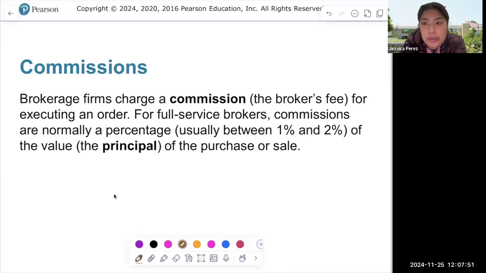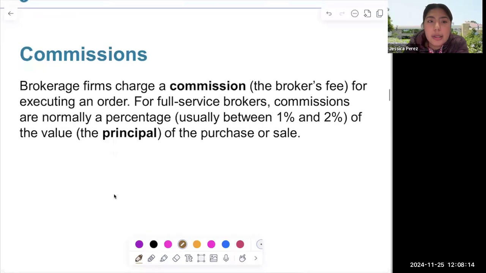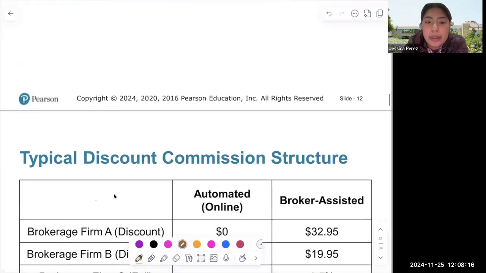For a full service broker, commissions are normally between 1% to 2% of the principal of the purchase or sale. So every time I sell or buy a stock, I should get between 1% or 2% of that amount. That is the commission for the brokers.